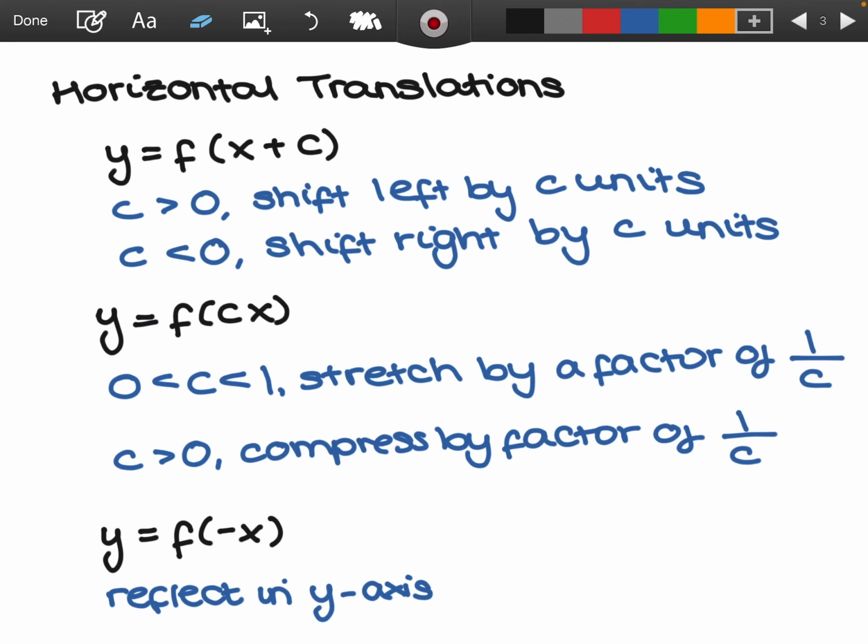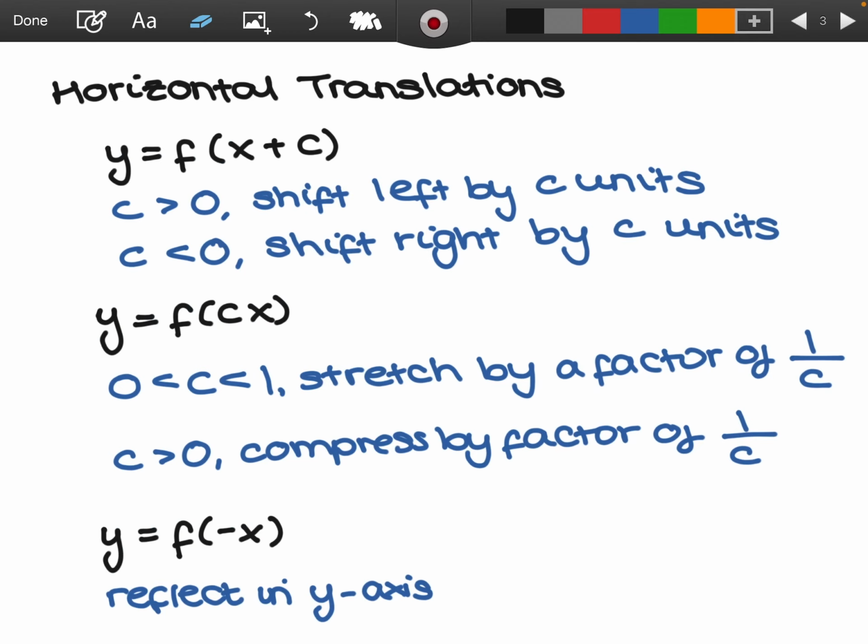So if you get f of negative x, I've taken my basic function, my parent function, and anywhere I see an x, I put a negative x. So I'm dealing with things inside the function.